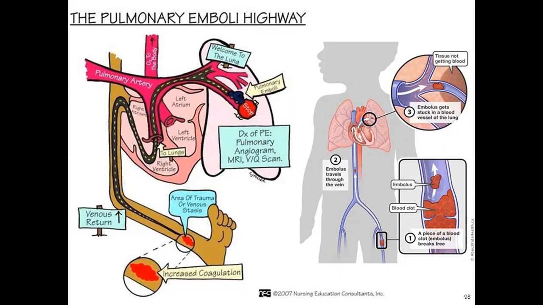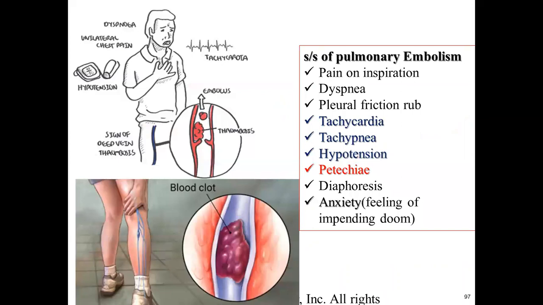Inside the lungs, the embolus gets stuck in small arterioles or small veins, and they produce the signs and symptoms of the disease. What are the signs and symptoms of pulmonary embolism?